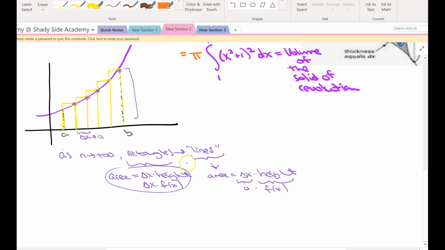So it's not really that we're multiplying 0 times f of x, because 0 times f of x, as I think we all agree, would actually equal 0. But it's really the area of a line, so to speak, is delta x approaching 0.